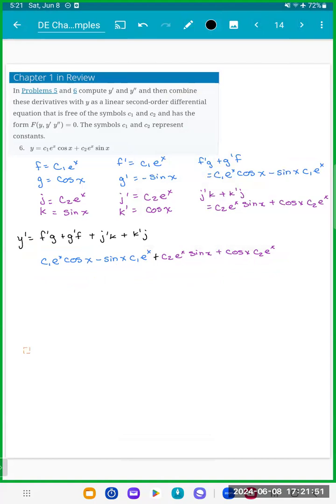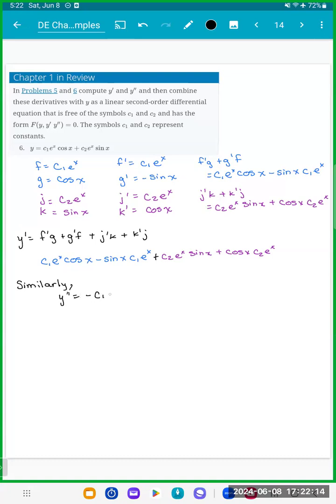And so similarly, I'm not going to write out all of the f, j, k, etc. I have full confidence after getting through Calculus 3 that you guys can do that. So I'm just going to write what our y double prime is here.